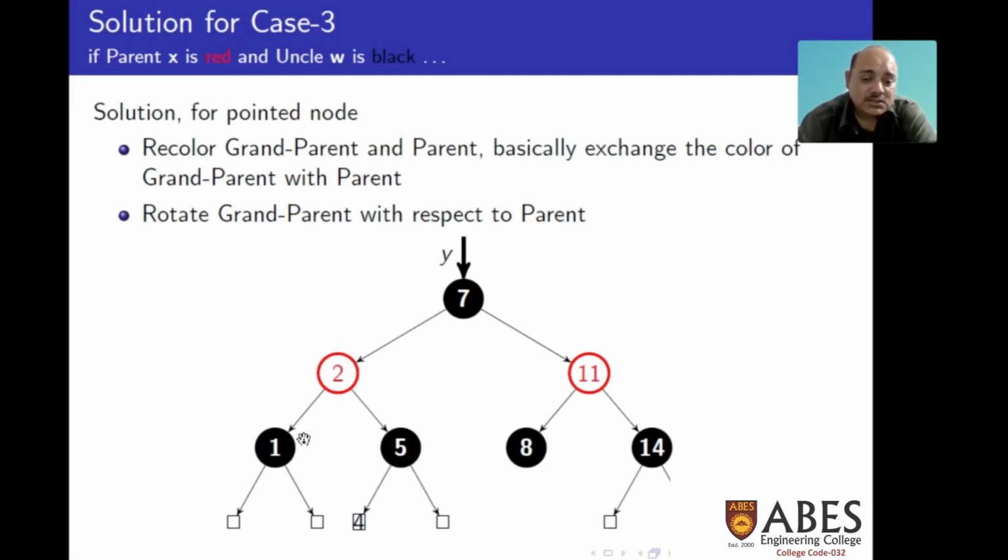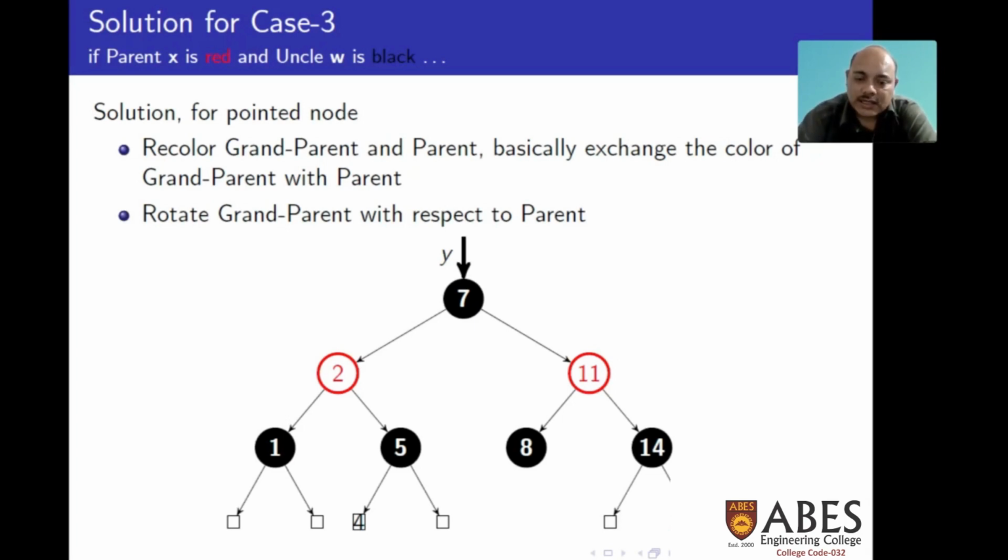That means there is no red conflict. And for 11, 2 children are there, 8 and 14, and both are of black color. That means there is no red conflict. And 14 has a right child, which is 15, and 15's color is red. So there is no red conflict.